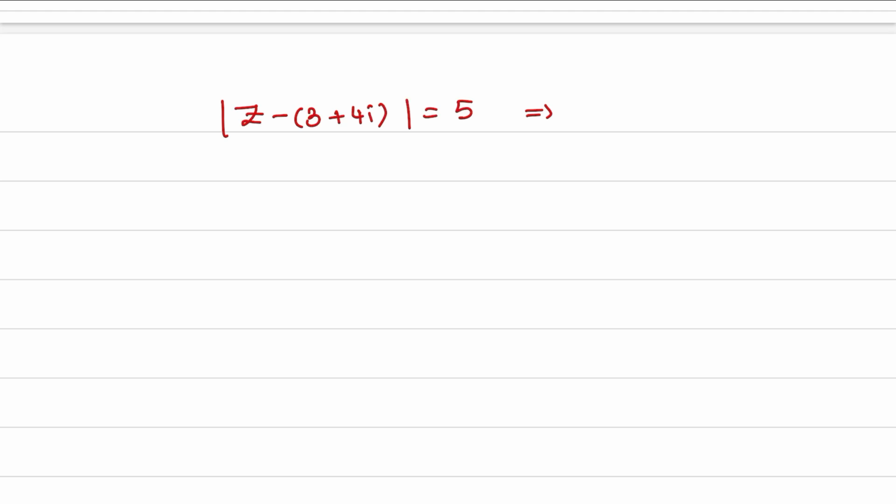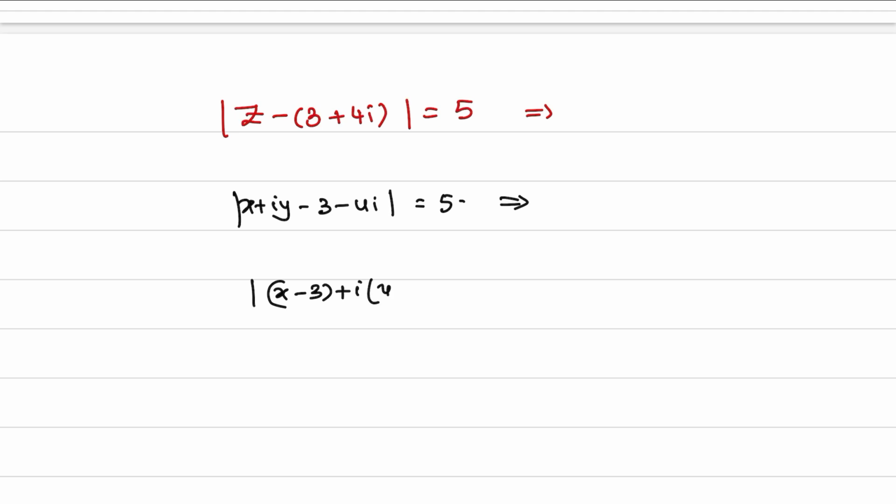Things will be like this only, very simple. Z can be written as x plus iy because it is a locus, minus 3 minus 4i is equal to 5. That means x plus iy, real numbers all will make it together. That is the only requirement that we have to do in complex analysis.